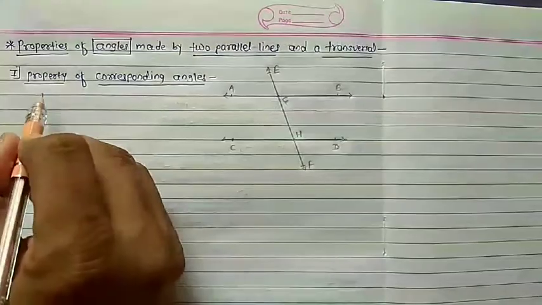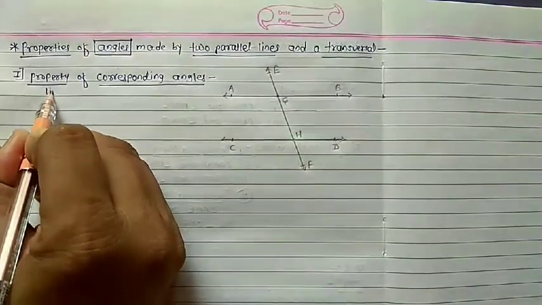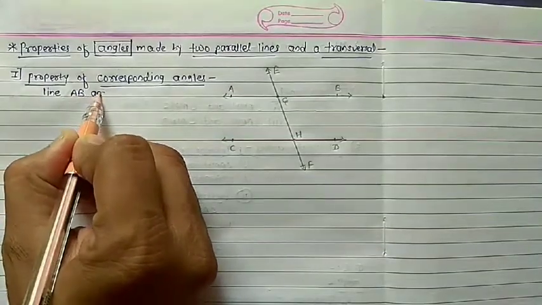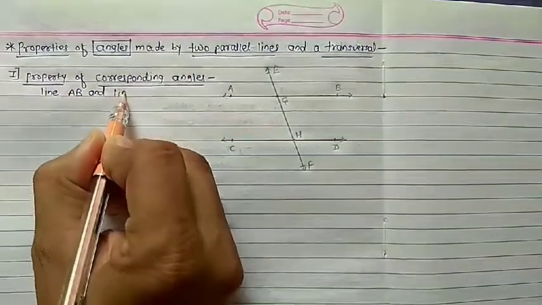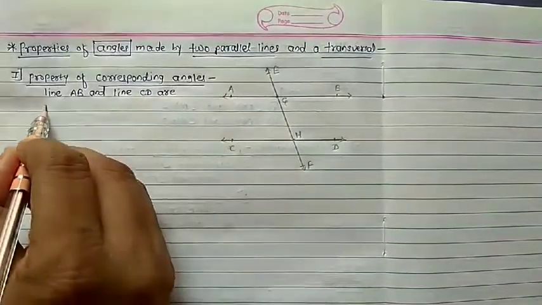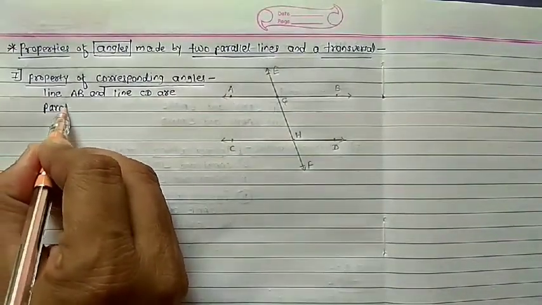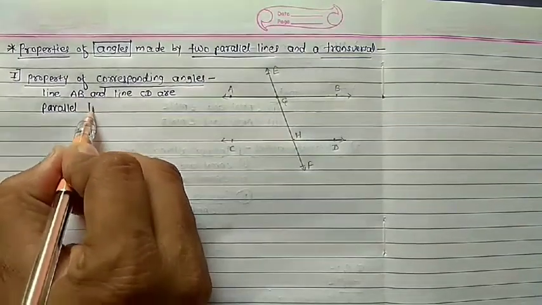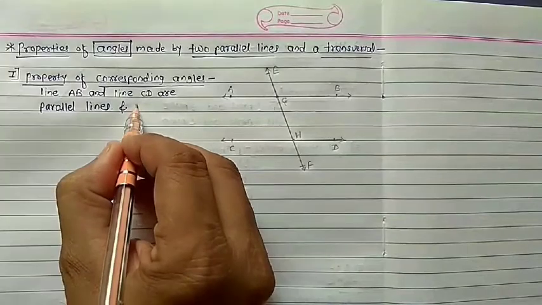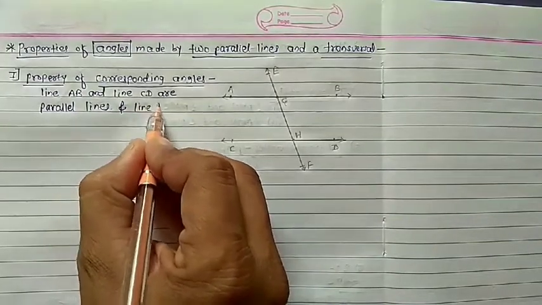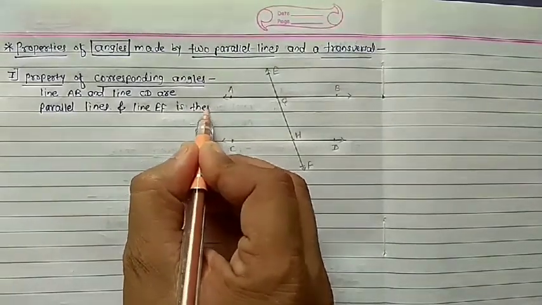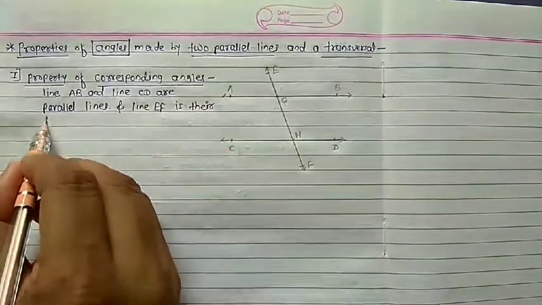So here line AB and line CD are parallel lines, and line EF is their transversal.